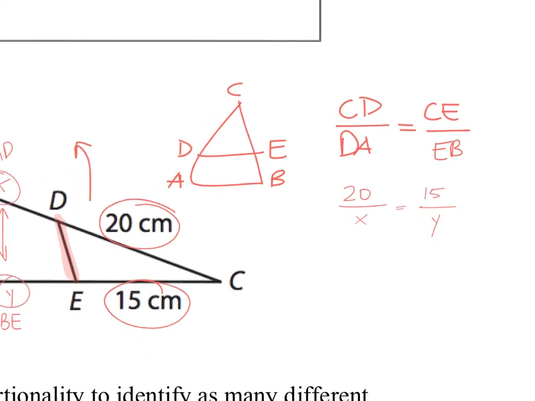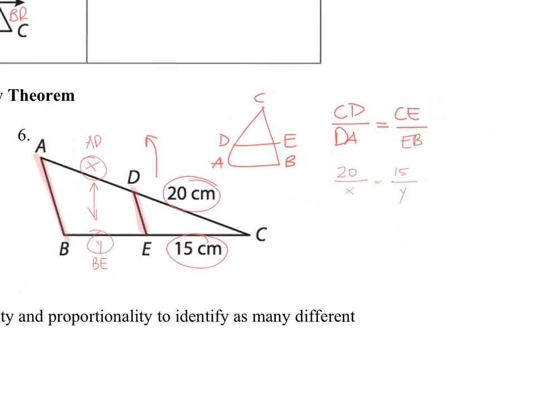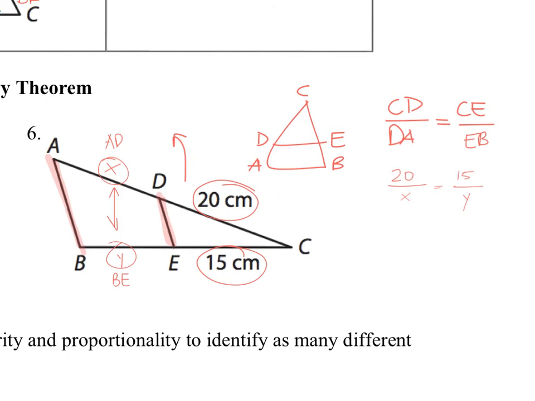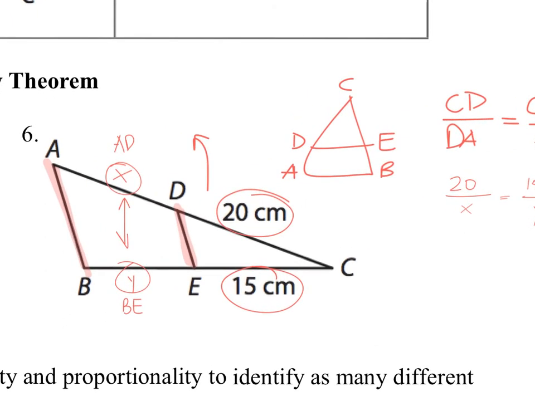Now, if we said, let's add to this, so at this point we don't know. So if we add to this and say that AC is 36 centimeters and that BC is 27 centimeters.